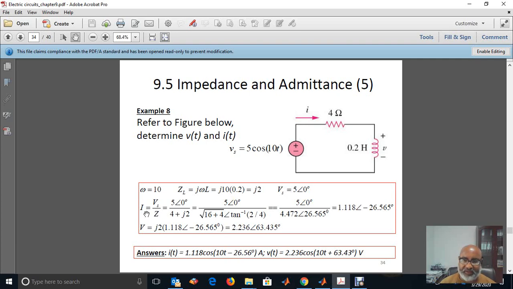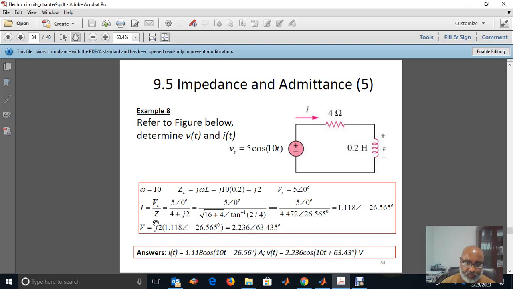So what is the current? The current is the source voltage, 5 at an angle of 0 degrees, this is the phasor representation, over Z. Z is 4 plus j2, the resistance and the inductor impedance. So the overall impedance is 4 plus j2, and we change it to polar.